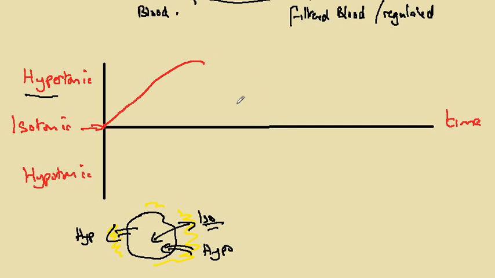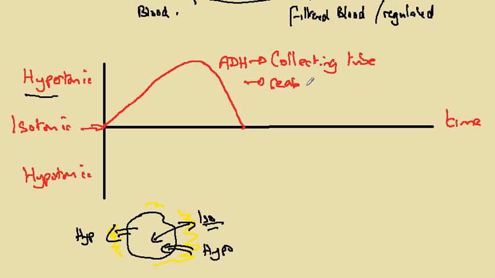And the response from the hypothalamus must bring the concentration of blood back down to the isotonic point, and this is brought about by the action of anti-diuretic hormone, and the target for ADH is the collecting tube on the kidney nephron, and its effect is the reabsorption of water into blood plasma, diluting it.